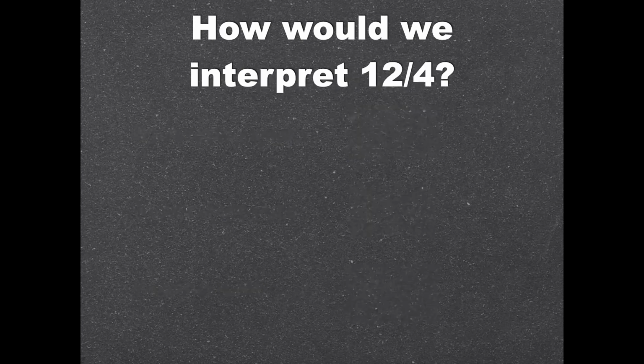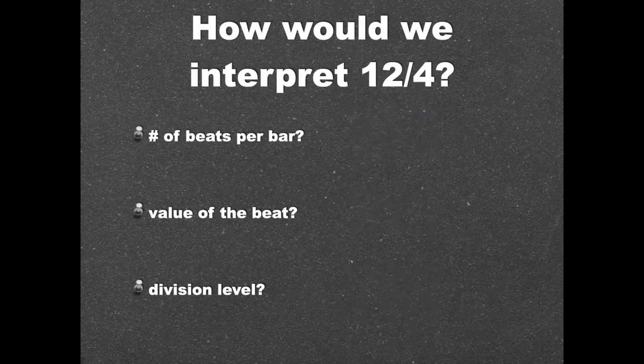12/4. There are our 3 questions. To determine the number of beats per bar, we take the top number, 12, and divide it by 3. We have 4 beats per bar. That means you're going to use the quadruple conducting pattern for any meter whose top number is 12.